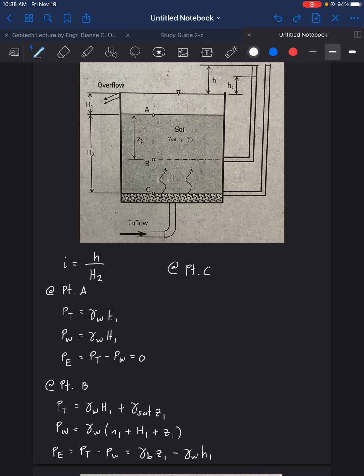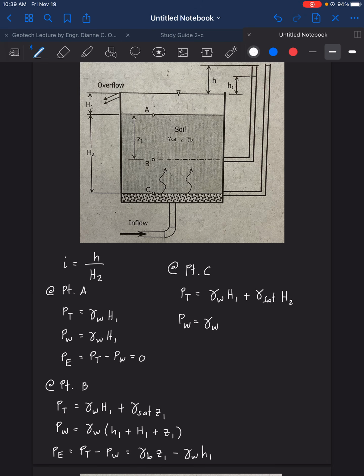Okay, so let's compute for point C. The P total for point C is, from the top, you have there the gamma of water, big H sub 1, plus the gamma saturated of the soil, and the total height of the soil H sub 2. P water is equal to the level here up to this point C. So this is the H that we are computing for pore water pressure of point C.